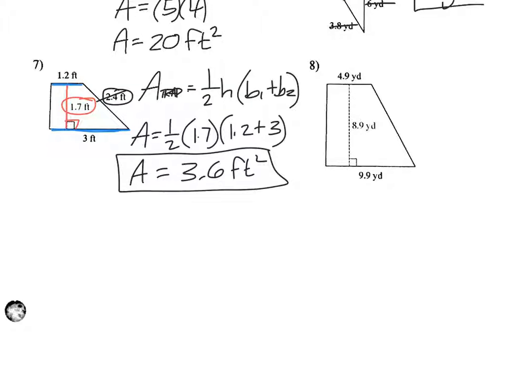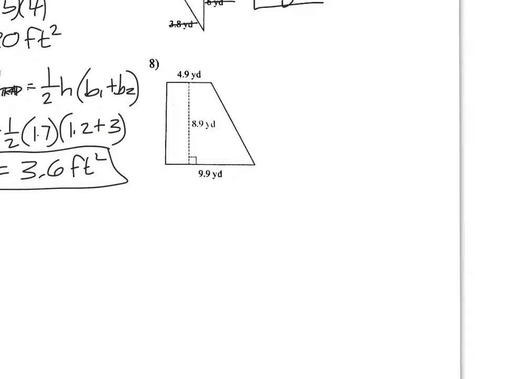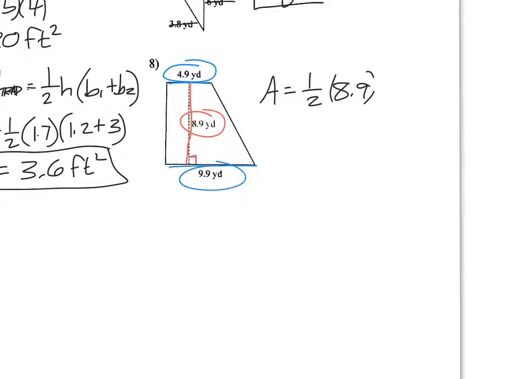All right, one more here. Okay, what's our height? There's our height. What's our base? Here and here. So this one didn't give us any extra information. So 1/2 height. However, in this formula, if you do mix up where the numbers are, it will give you the wrong answer. Base 1 plus base 2.